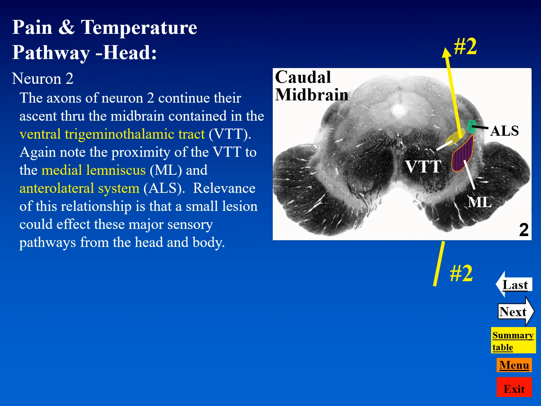And again, note very specifically here that we have the spinothalamic tract or ALS immediately adjacent to the VTT, as well as the medial lemniscus. This is important clinically because a lesion in this area is going to probably impact all 3 of those fiber bundles.